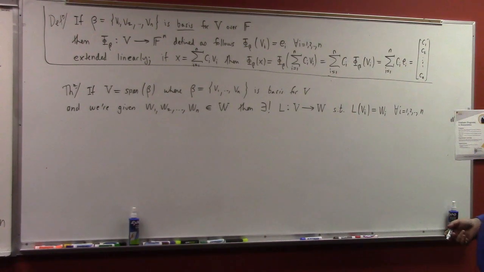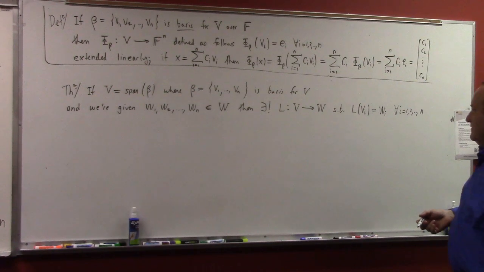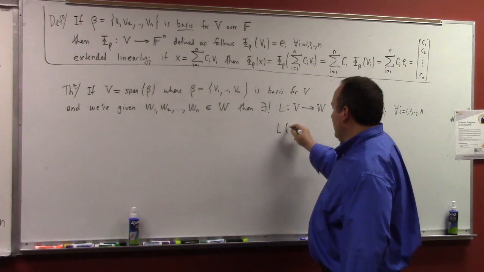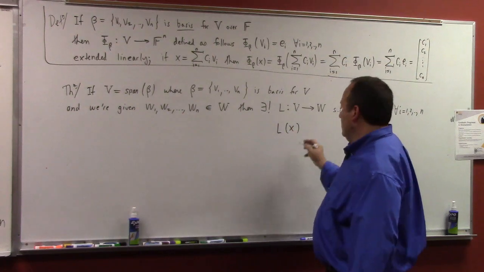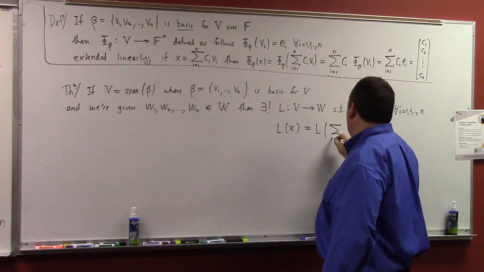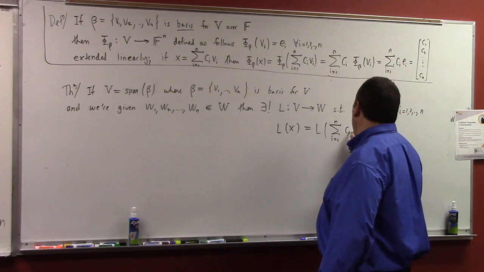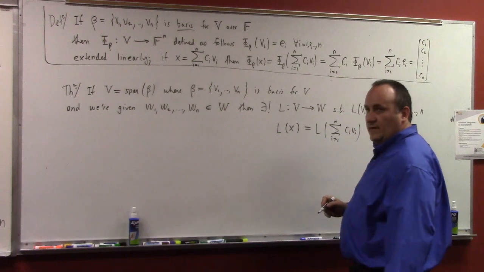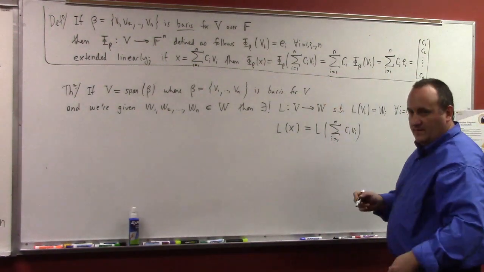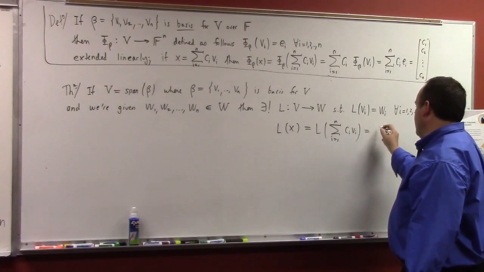What do we mean define uniquely? Well, if I have L of x, I can say that's really L of the sum, i equals 1 to n of c_i v_i, just assuming the same notation as up there. And then that's going to be the sum.